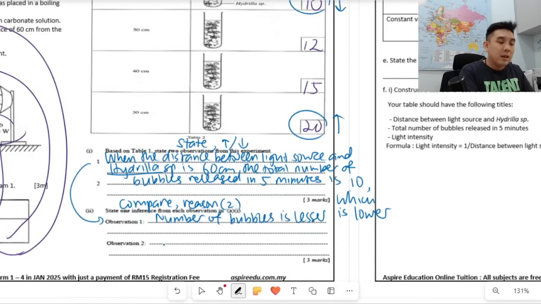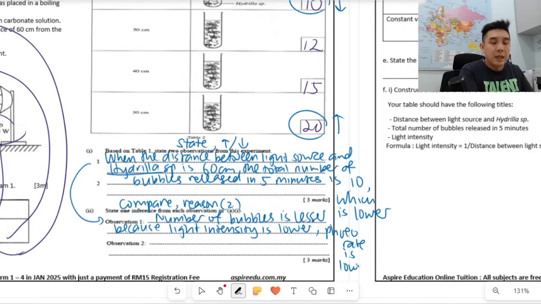Okay, lesser, because light intensity is lower. Okay, light intensity is lower, comma, if you want to, you can write photosynthesis rate is lower. Okay guys, that's why there are less bubbles, because less oxygen is released.